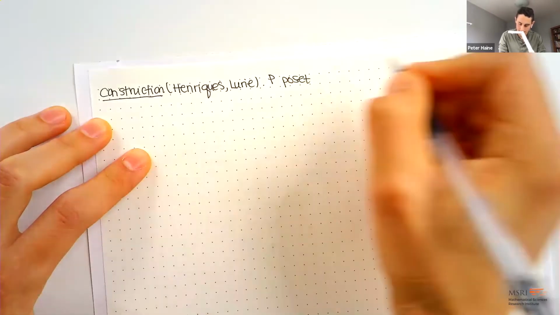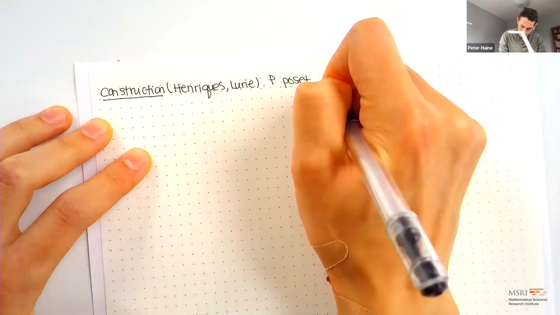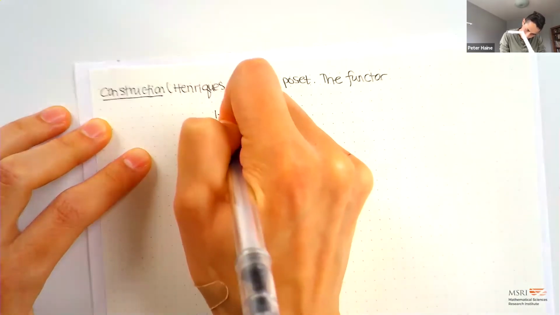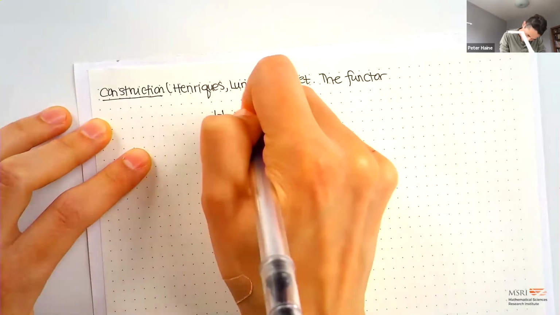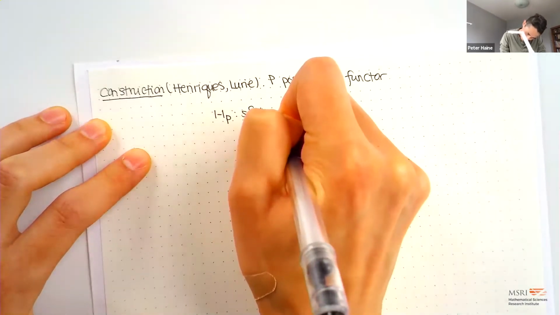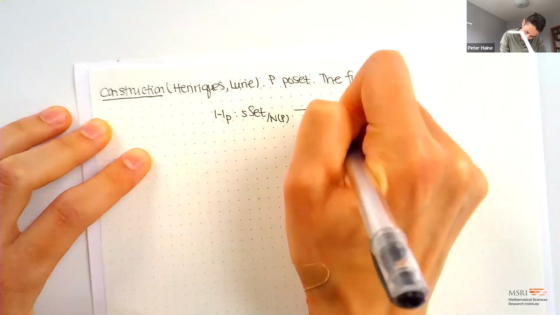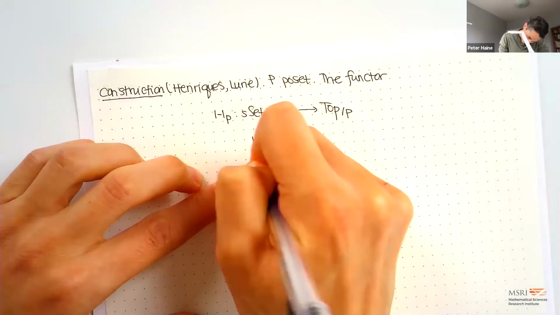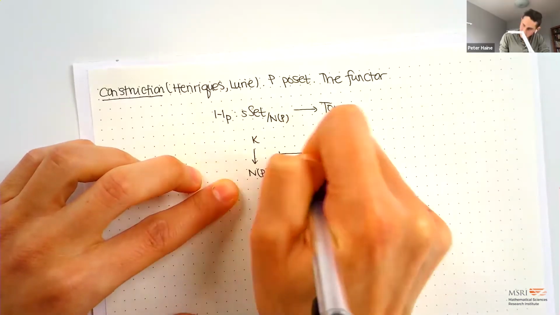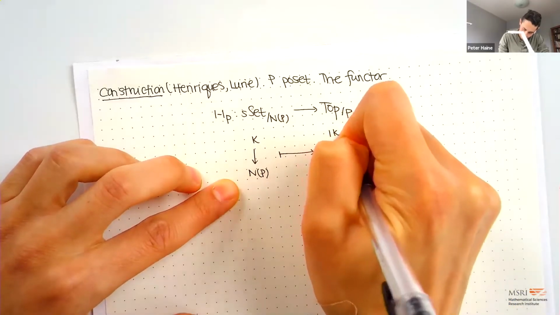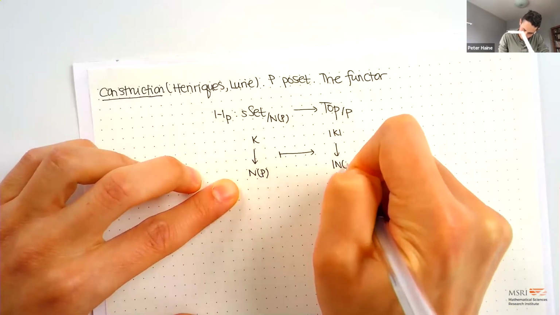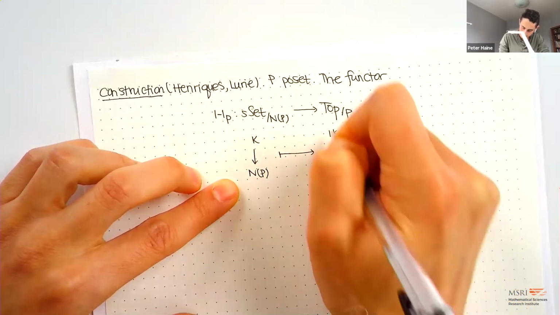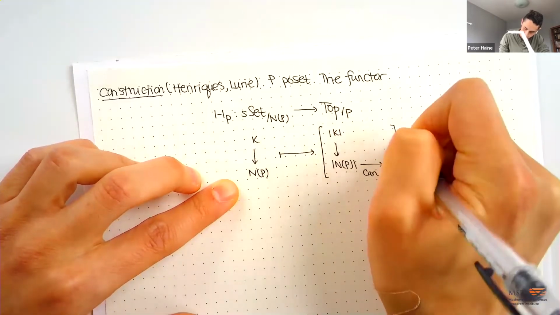The observation is that the functor I'm going to call realization sub P, from simplicial sets over the nerve of P to topological spaces over P in the Alexandrov topology, sends K over the nerve of P to the realization of K, which maps to the realization of the nerve of P, and then I post-compose with the canonical stratification that I defined earlier.